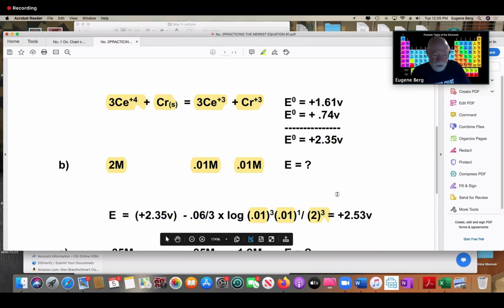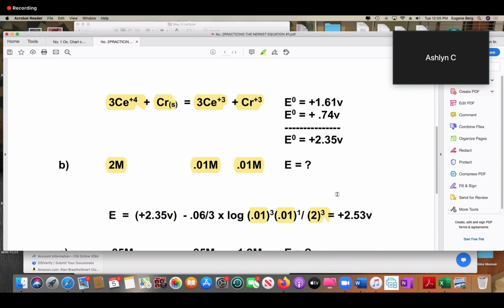I think I'll try my calculator to see if it's going to work for me this morning. So I've got 0.01 times 0.01 times 0.01, so that's the cube part, times another 0.01, divided by the reactant. 2 cubed is 8, so divided by 8 equals a very, very small number, too many zeros to count.